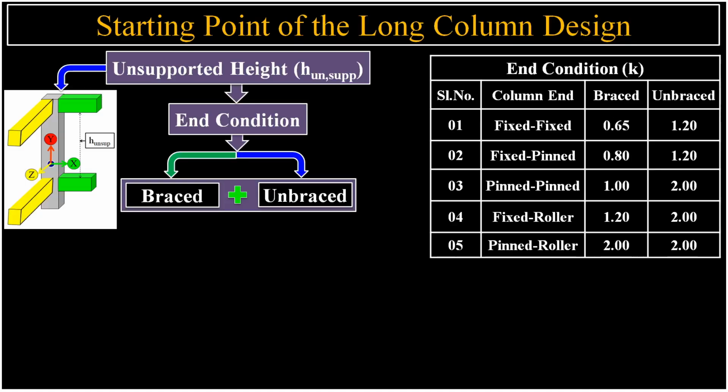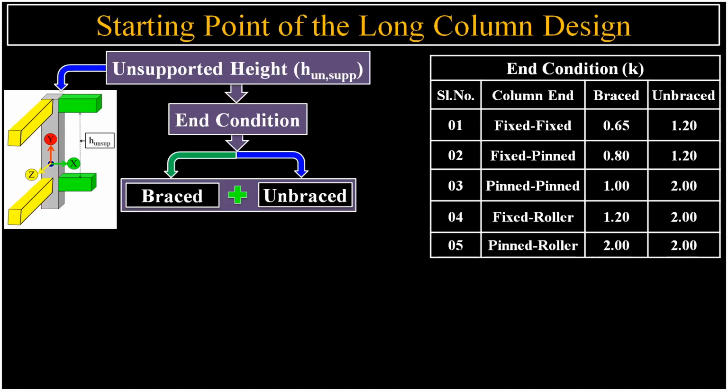The values are as follows: for a braced, fixed end condition, K equals 0.65, and for the unbraced condition, K is 1.2. For a braced, fixed pinned end, K equals 0.8, and for the unbraced condition, K is 1.2.